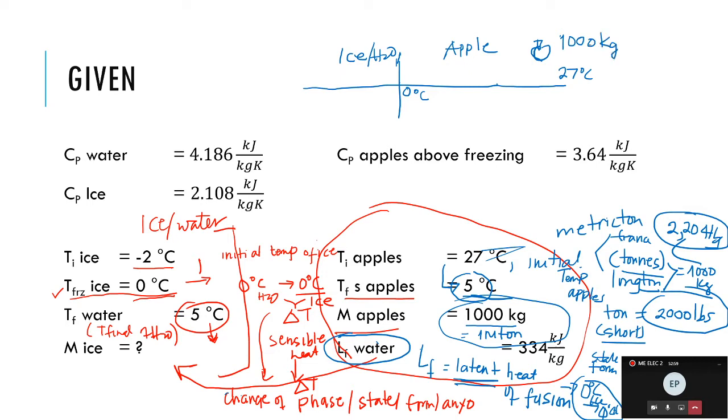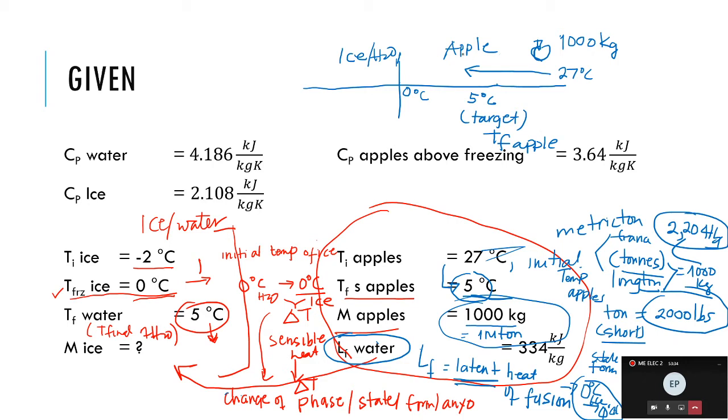The problem states that there's 1,000 kilograms of apple having 27 degrees centigrade initial temperature. What do I need to do with this apple? I'm going to cool this apple down to my target. What is my target? 5 degrees Celsius. When I say target, that is my goal. That is the final temperature of the apple that we are considering.